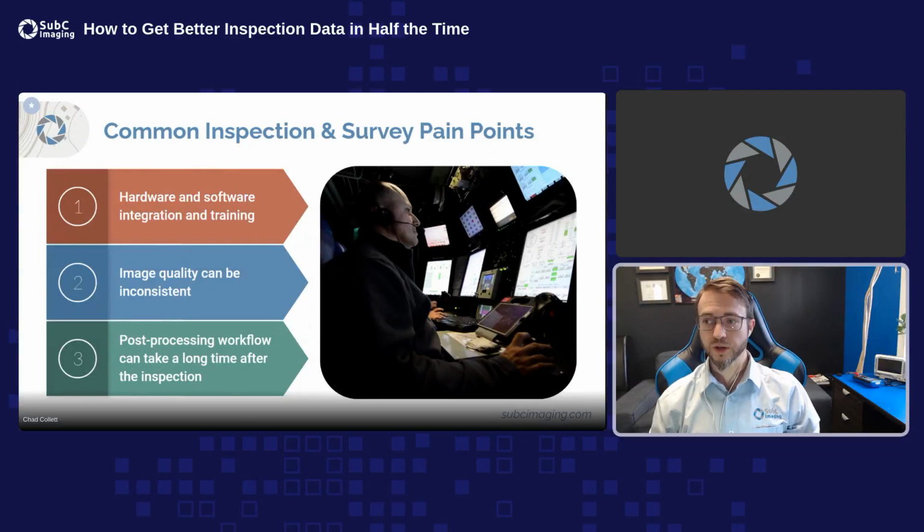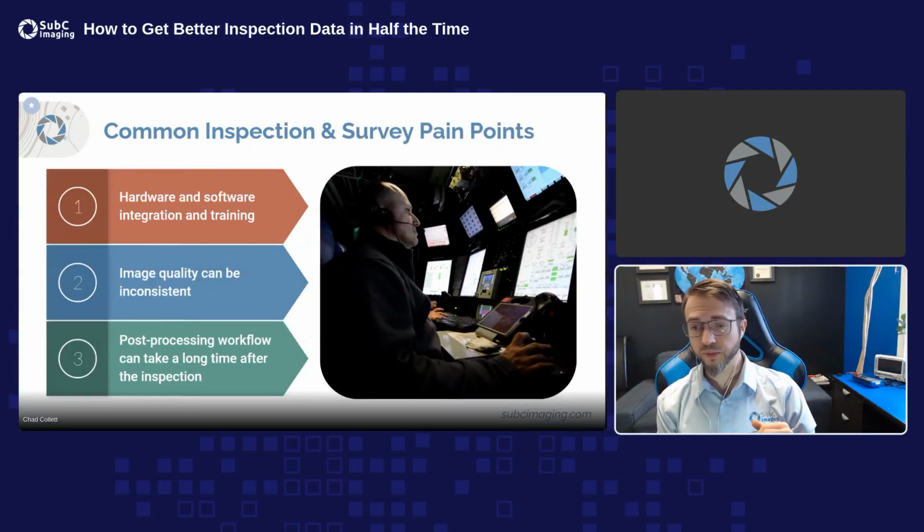So these three pain points in general. First, again, is around integrating equipment onto your systems, integrating new software, and getting up to speed with new equipment. Second is the quality of imagery being inconsistent and all over the place.